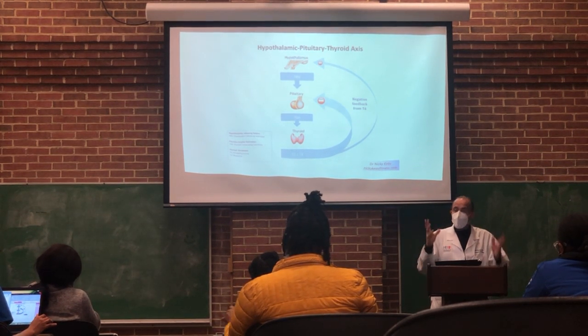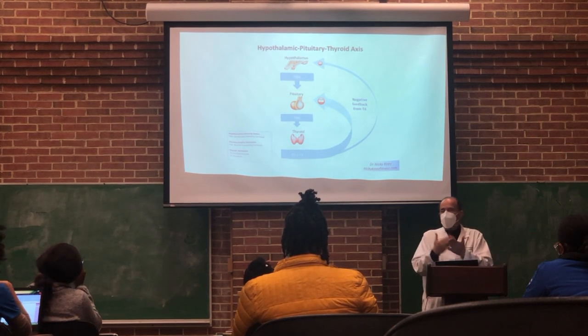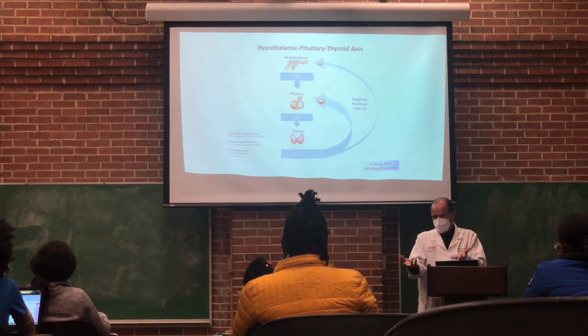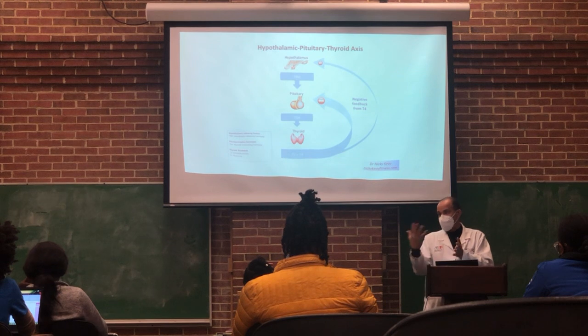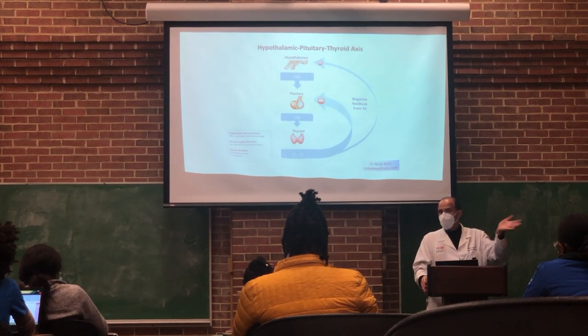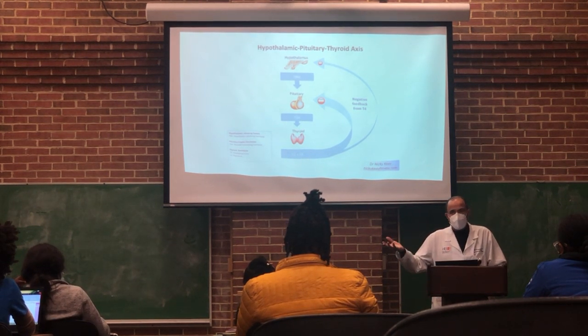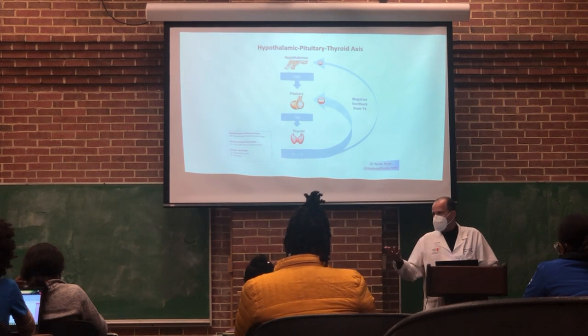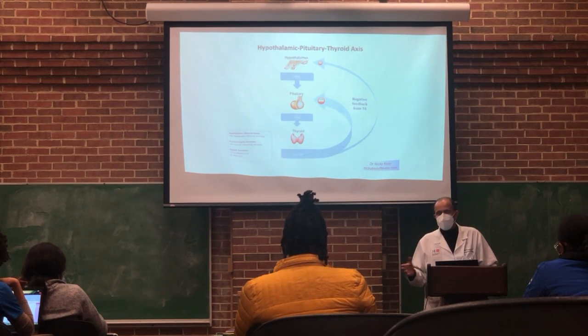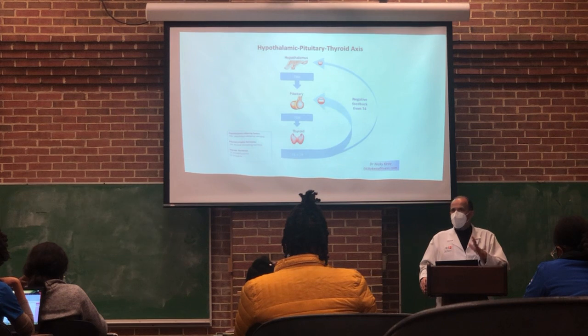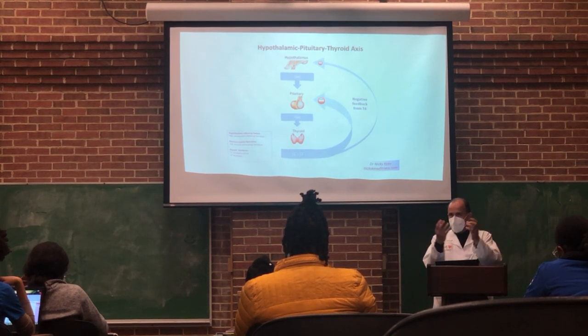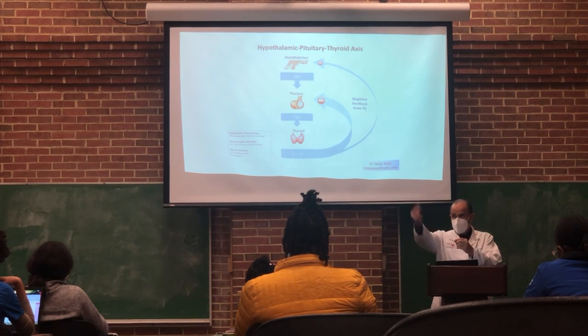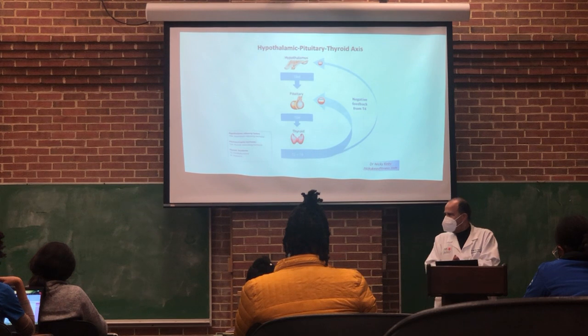Low level. Therefore, if in a clinical scenario thyroid stimulating hormone is low and thyroid hormones are high, then we are talking about hyperthyroidism, right? And the other way, if the thyroid hormones in the blood are low, then the thyroid stimulating hormone will be high, and that is hypothyroidism.